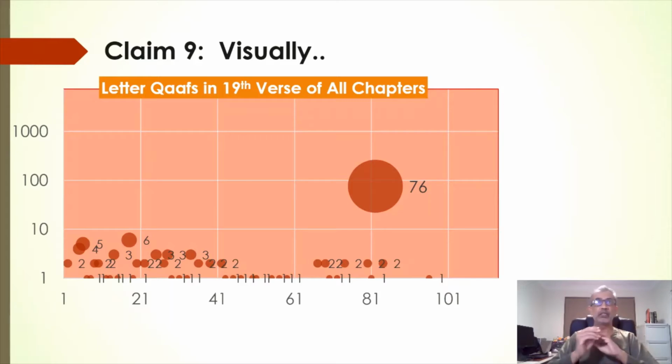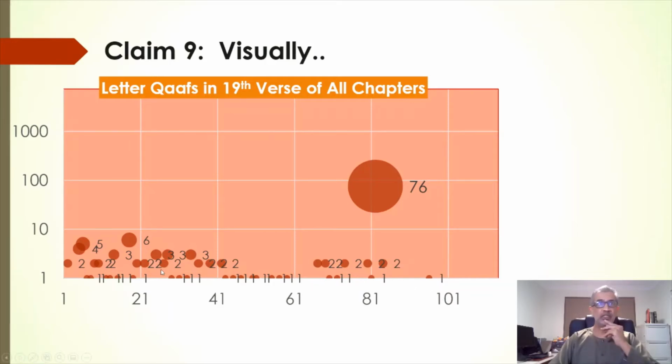If you take the number of Qa'fs, or the Qaaf, or the heavy K, that alphabet, and count the Qa'fs in every chapter of 19 verses or more, and there's quite a few of them, as you can see these little bubbles here are the chapter numbers from 1 to 114. Obviously towards the end of the Quran you have much shorter chapters, so you're not going to hit chapter 19 in those.